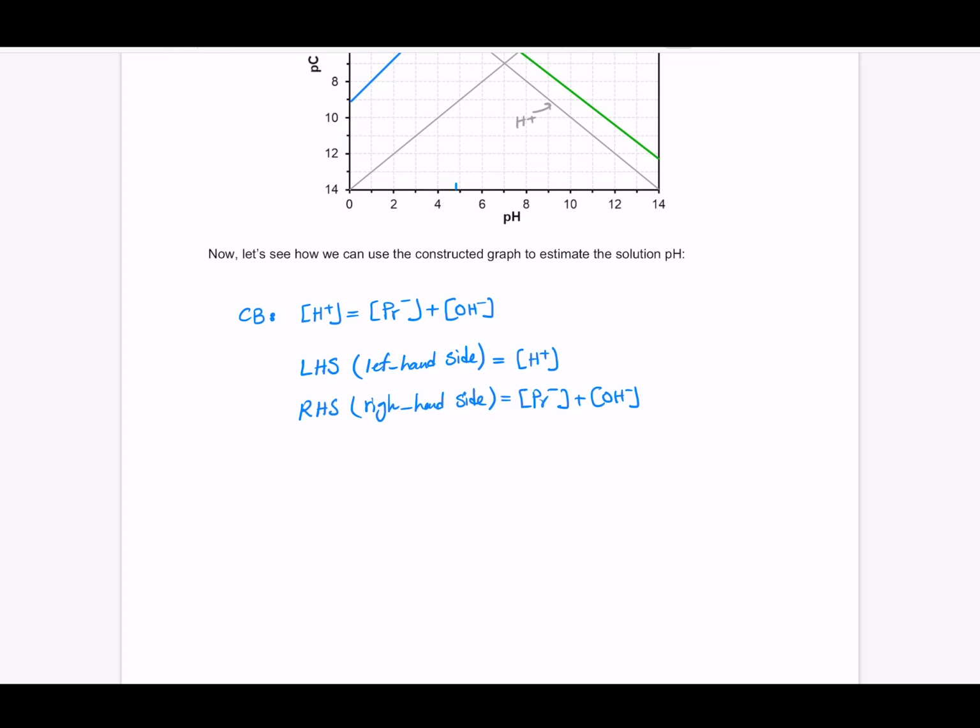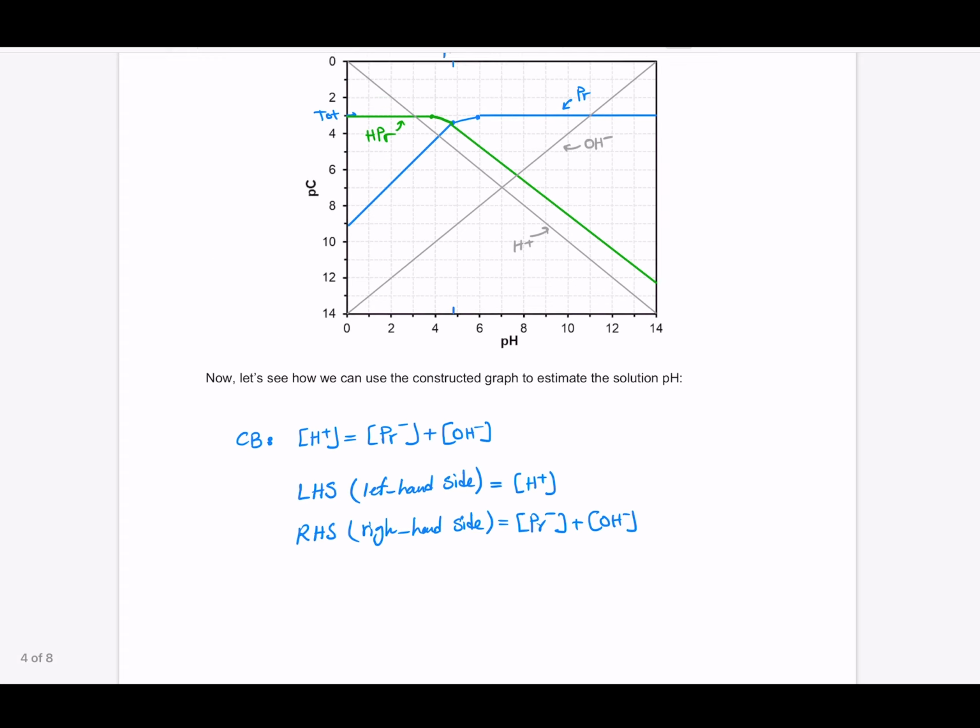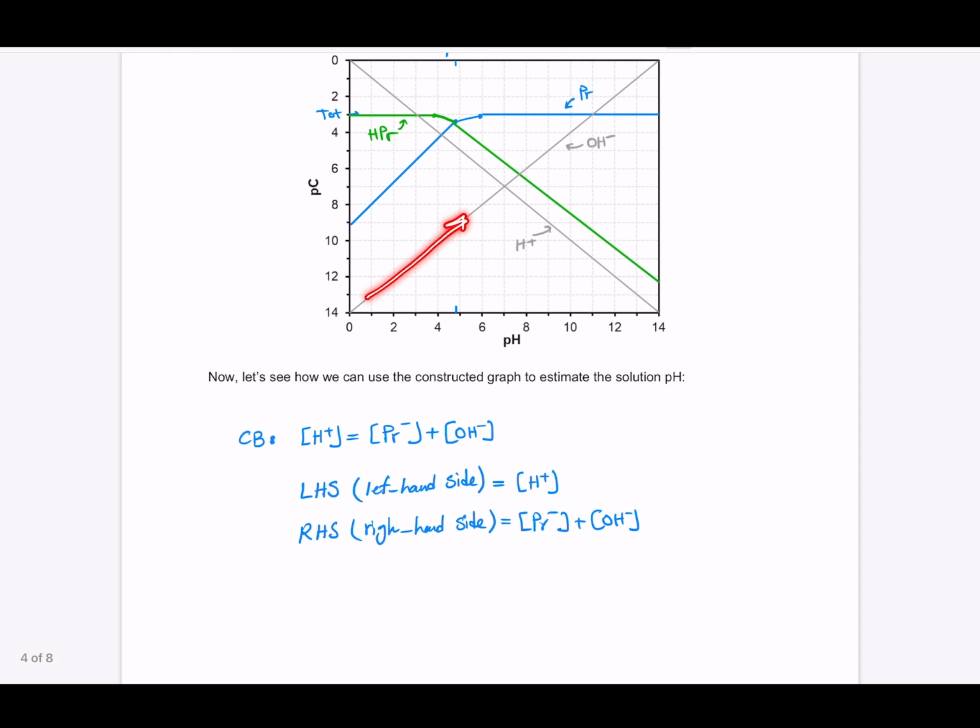So then that means we need to construct left-hand side and right-hand side on this graph. So that would be the task. And the intersection of those two lines would be basically the pH. It would basically satisfy that, and that pH would be the pH of the system.